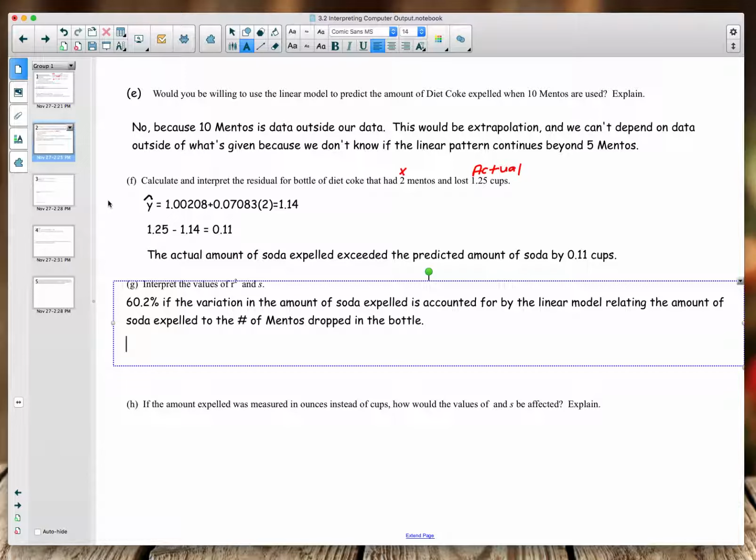And then for our s, that is going to be the 0.067.